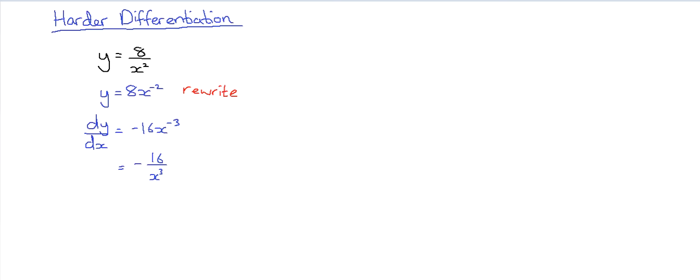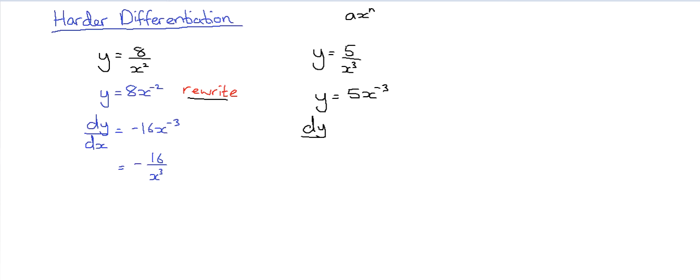So let's start off with a similar one here. I'm just going to put x to the 3, just so it's a little bit different. Okay, so this isn't in the form ax to the n, so I have to rewrite. I can tell you that that is 5 lots of x to the minus 3.